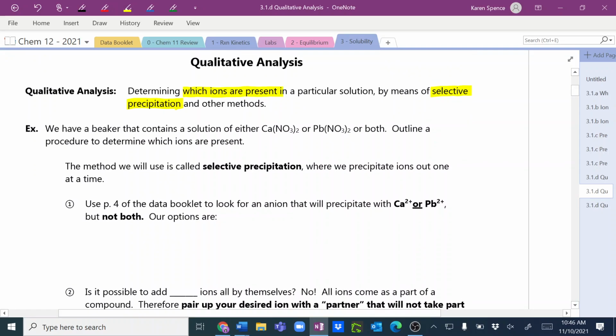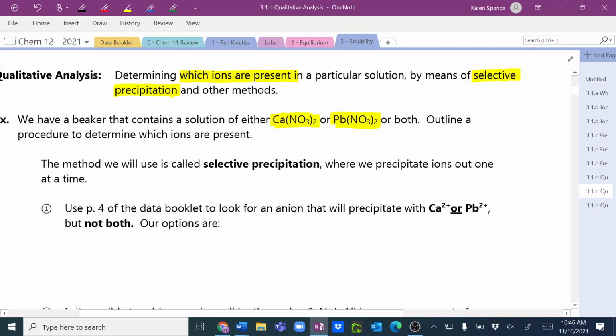We're just gonna jump in with an example though. We have a beaker that contains either calcium nitrate or lead nitrate or both. And that means that in our beaker, we either have Ca2+ ions or we have Pb2+ ions, or perhaps we have both.